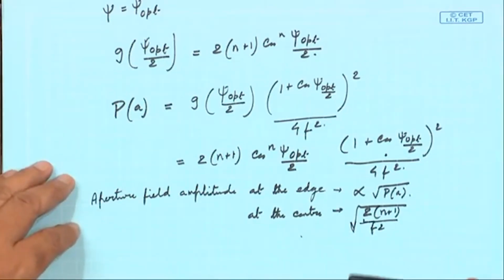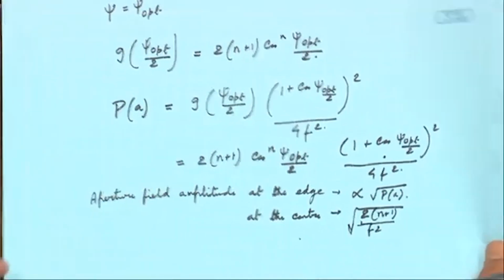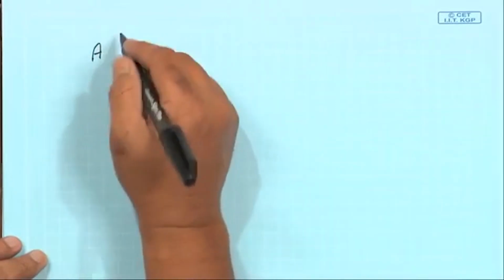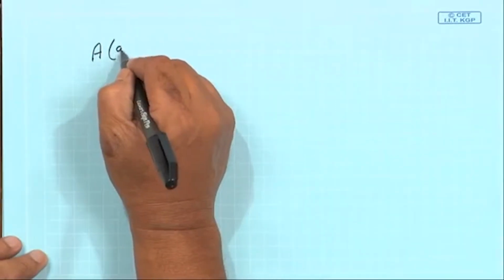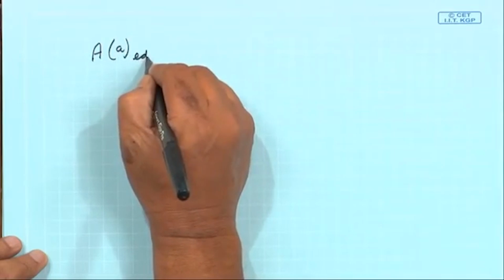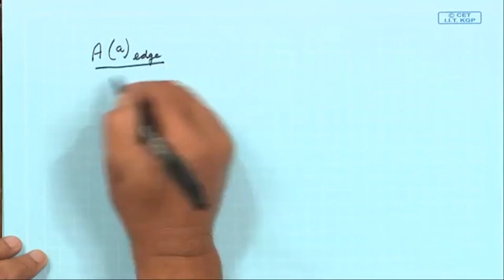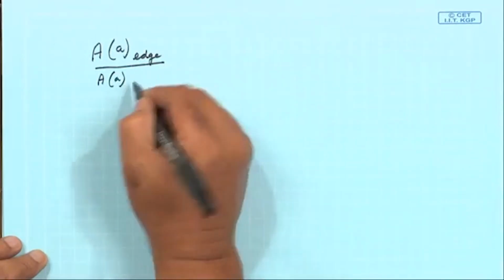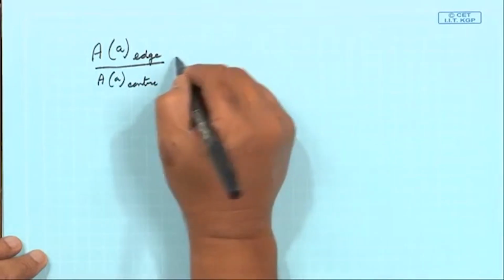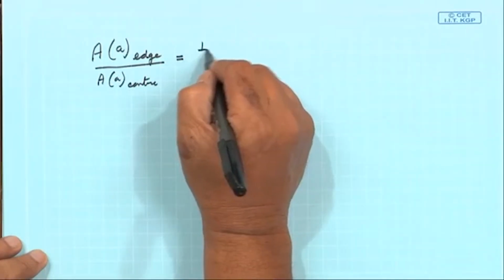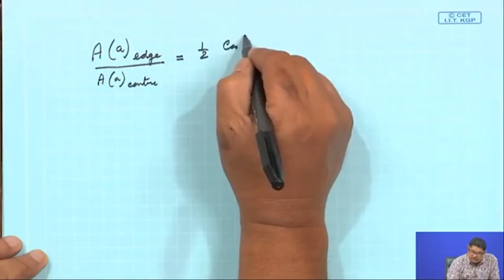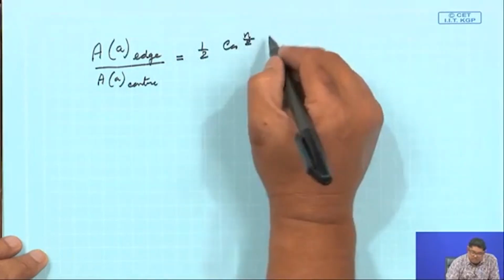So, we can write what will be the amplitude taper, A edge versus center, will be cos to the power n psi opt by 2.